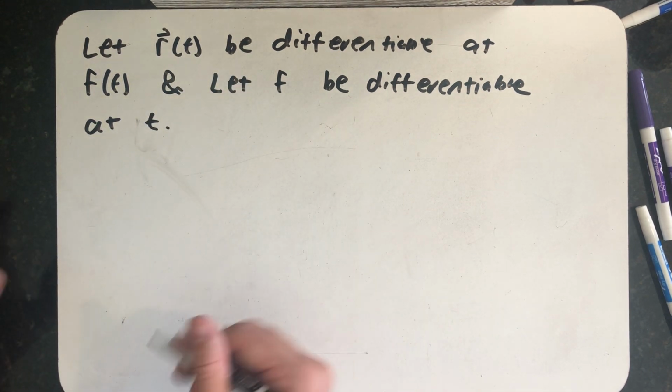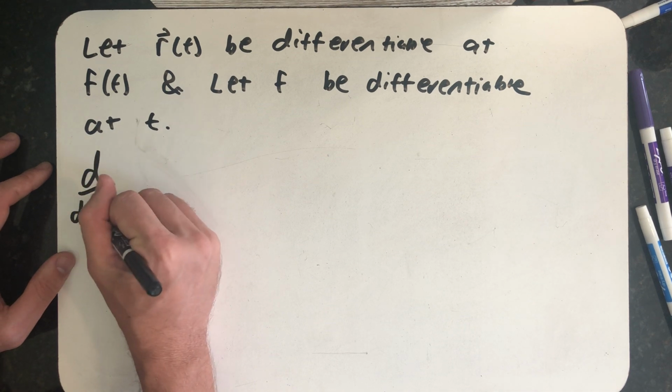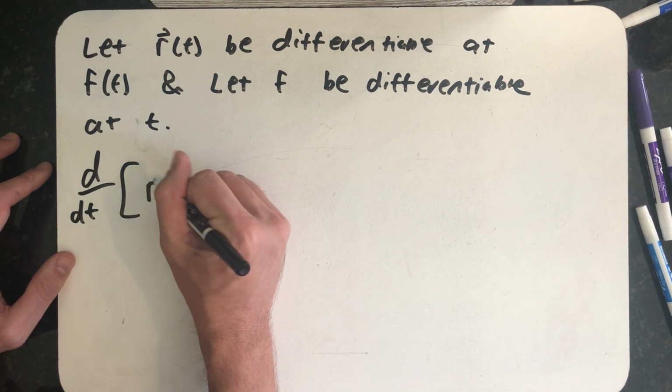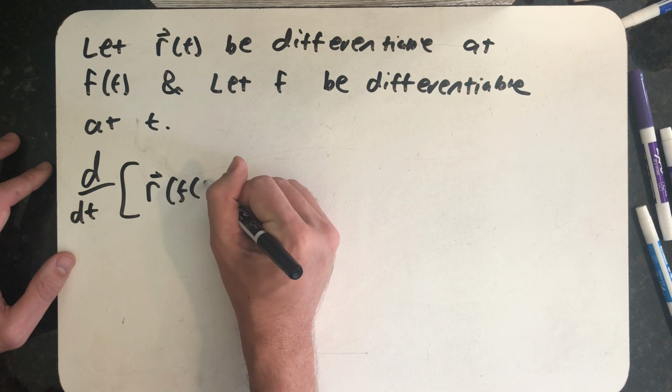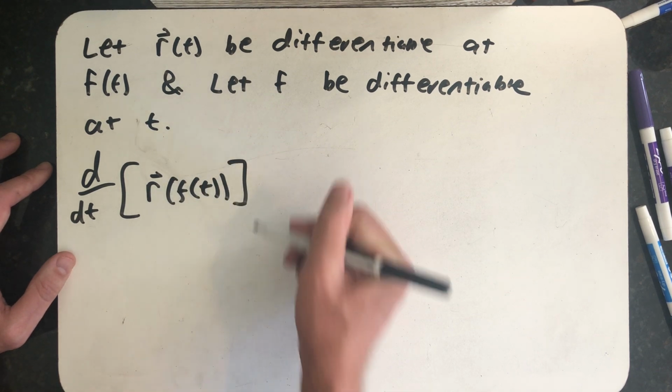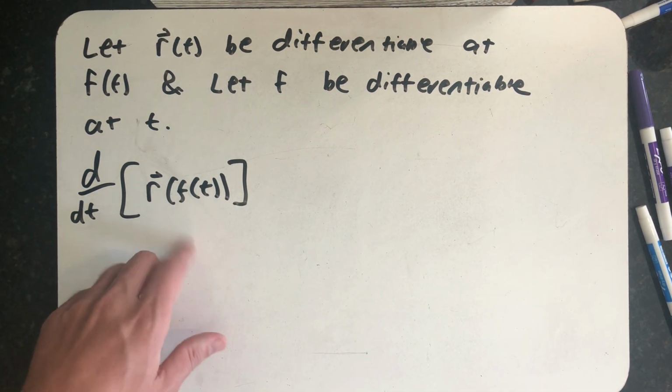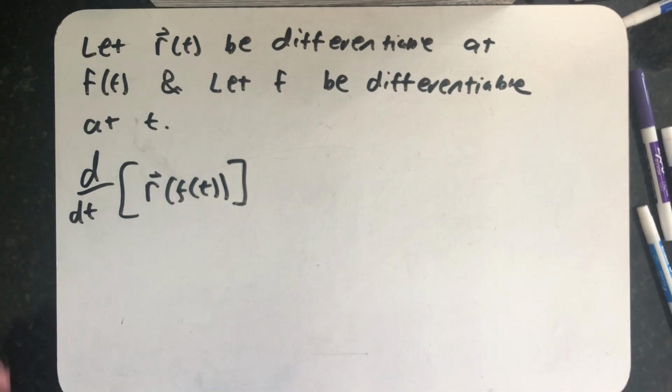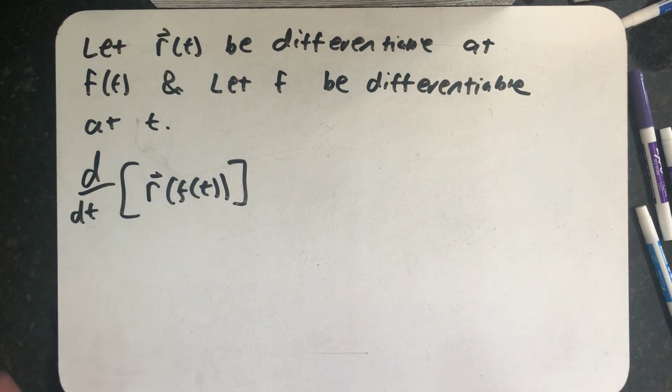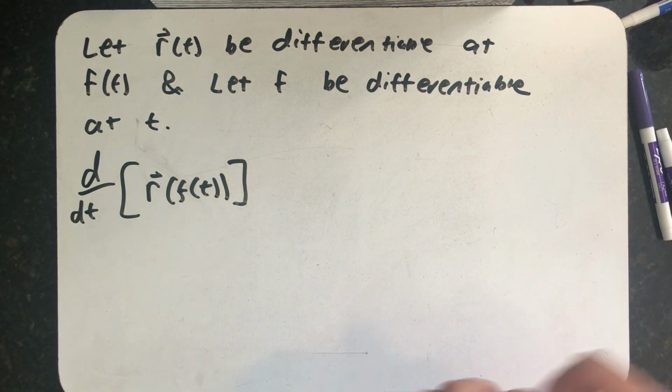What I want to do is come up with a way of taking the derivative of r of f of t. Well, what I know about r is that it's differentiable at the function f, at whatever value I'm plugging in there. And for convenience, let's give the components of r of t a name.